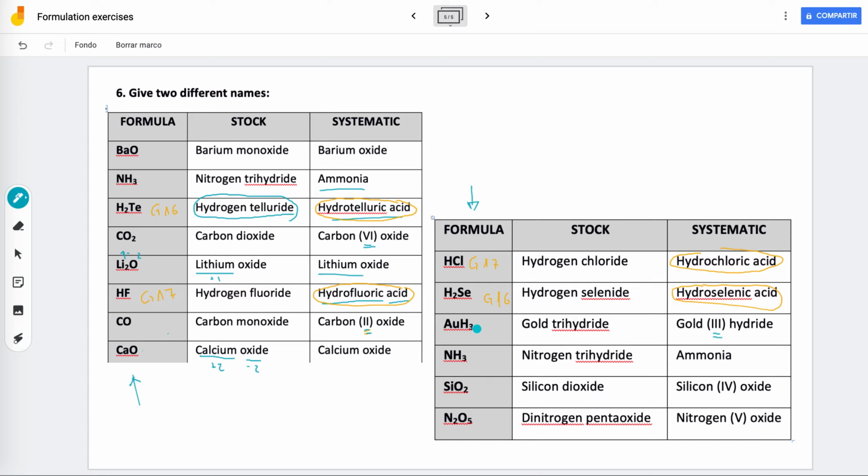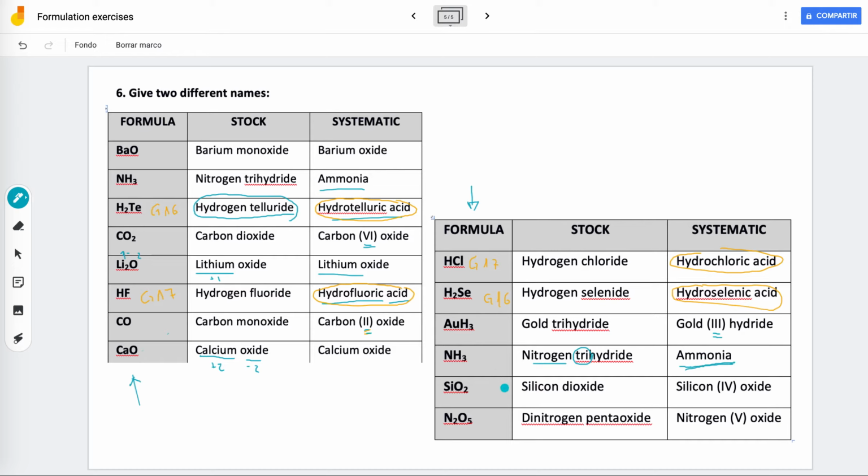Nitrogen trihydride, yes, because in this case nitrogen has an oxidation number of 3. Yeah, good. This is a commercial name, the commercial name of ammonia.